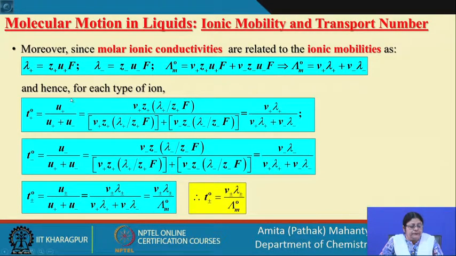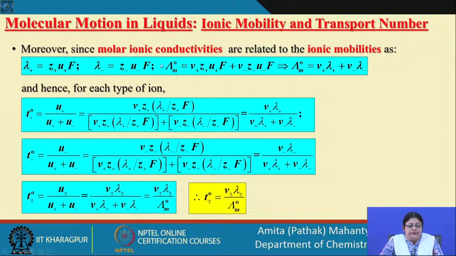Similarly, if you remember, the molar conductance of one type of ion was ZUF in terms of the plus ions, and for the negative ion ZUF in terms of the negative ions.